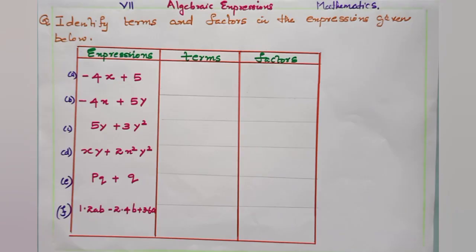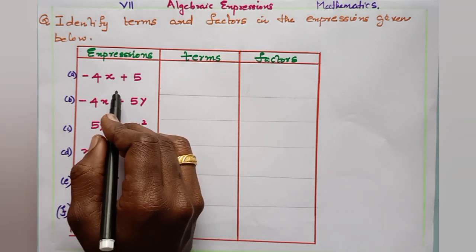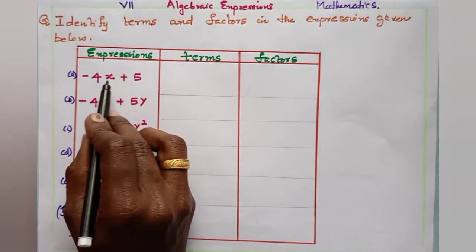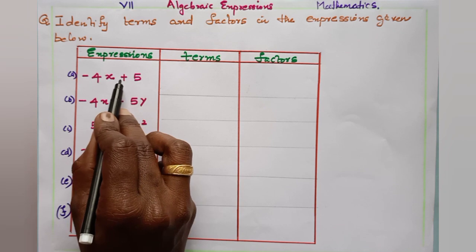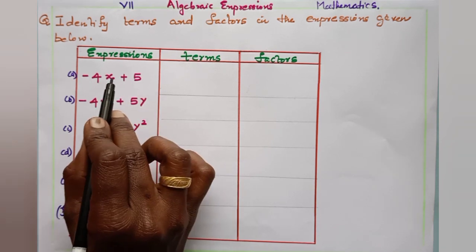Okay, listen, the next question. Identify the terms and factors in the expressions given below. The first expression is minus 4x plus 5. We know terms are added to form an algebraic expression, and the terms are separated by plus or minus signs.